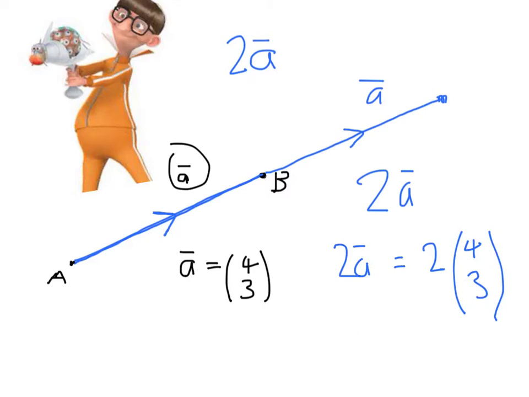So if you think about it on a graph, we were going 4 along and then 3 up. Now we're going 4 along, 4 more along, and an additional 3 up. So what we have to do is multiply each part of our column vector by 2. So if A hat was (4, 3), then 2A is (8, 6).